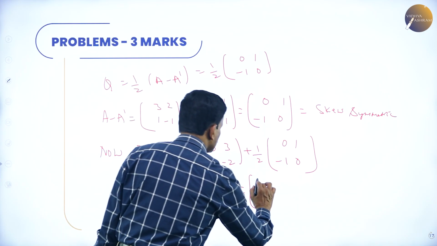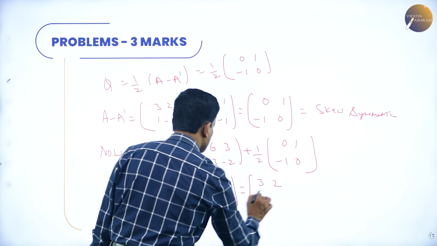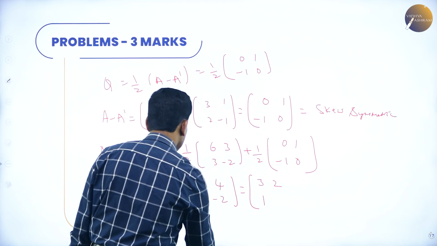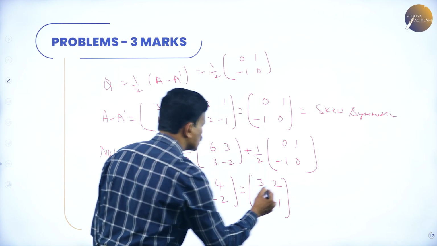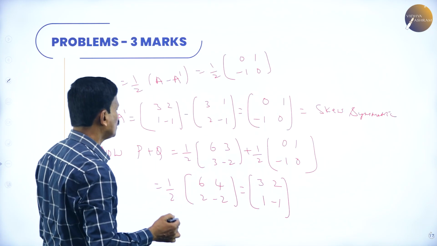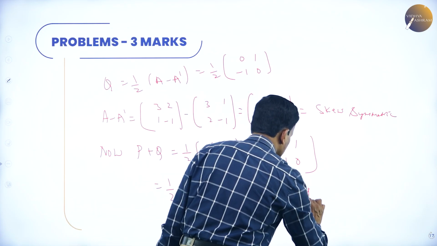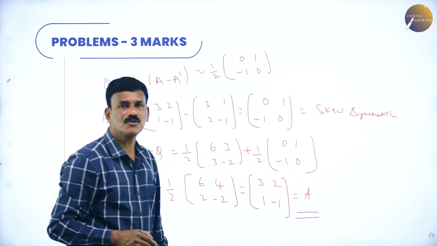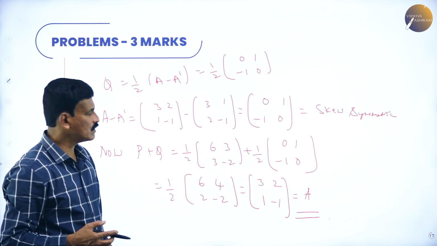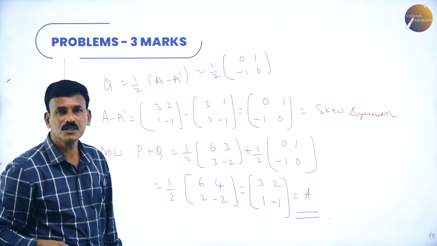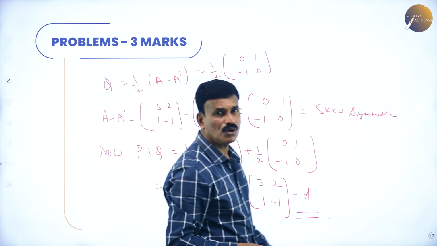So, 6 by 2 is 3, 4 by 2 is 2, 2 by 2 is 1, minus 2 by 2 is minus 1. What is this equal to? 3 2 1 minus 1 is nothing but the given matrix A. That's it. This is how we are going to verify this given matrix as a sum of a symmetric and a skew symmetric matrix. Hope you followed.